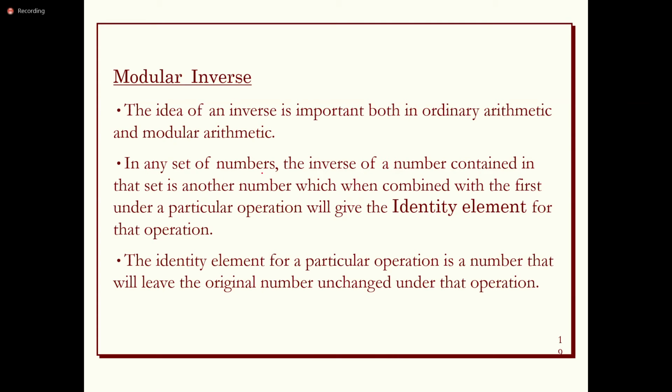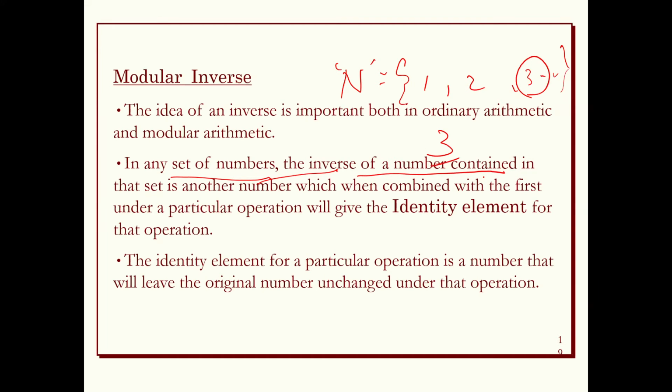We'll see the set of numbers. In any set of numbers, the inverse of a number is contained in the same set. Suppose there is a set of natural numbers, and we take 3. If we want to find the modular inverse of 3, we can take the additive inverse or the multiplicative inverse. If it is the additive inverse, it will be there in the same set, another number in the same set.